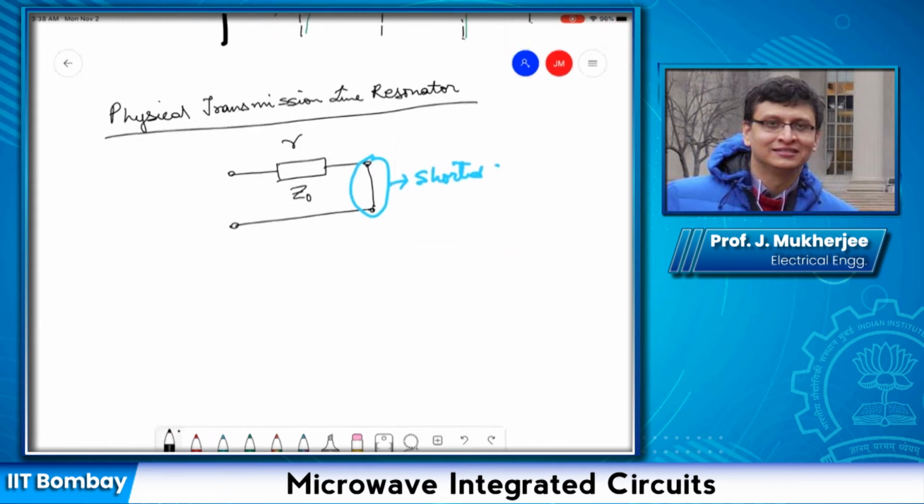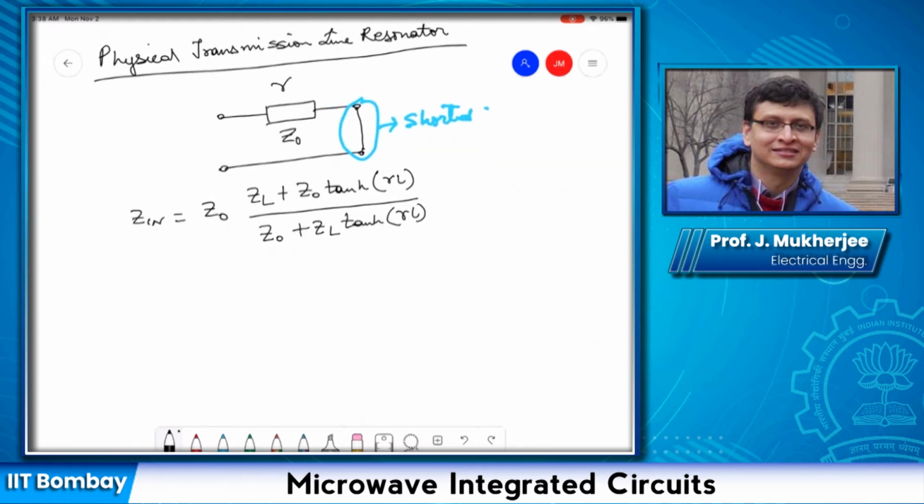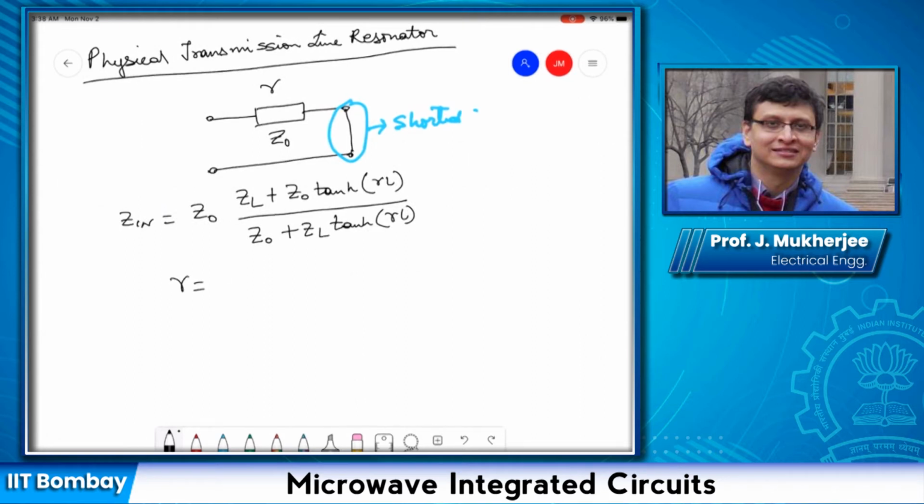So then we use the formula for a lossy transmission line, where this complex gamma is given like this.